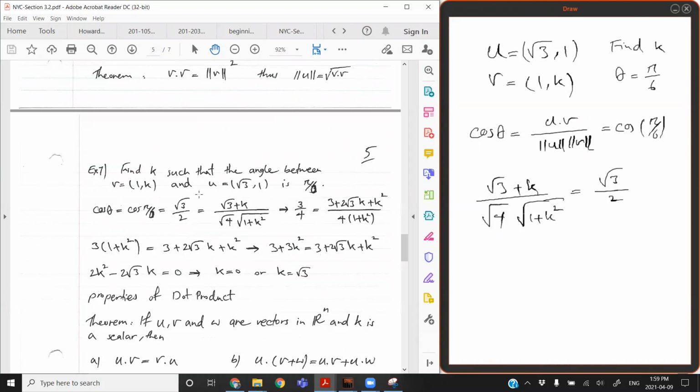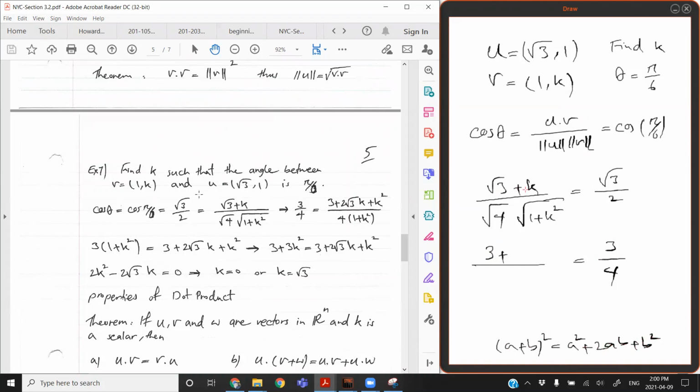If I raise both sides to the power of 2, on this side I get 3 over 4. And if I raise the numerator to the power of 2, I'm going to get 3 plus 2 times this, using (a plus b) squared is a squared plus 2ab plus b squared.